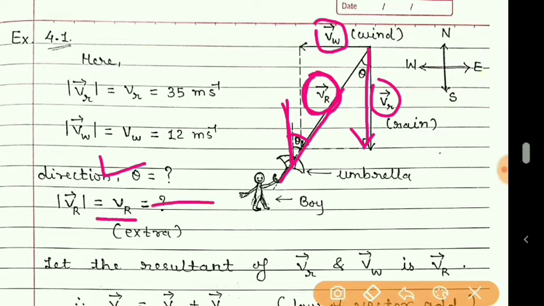Actually this is not asked here. Only the direction is asked, in which direction the boy has to keep his umbrella. But we will find this resultant velocity also. So now students, let us start.